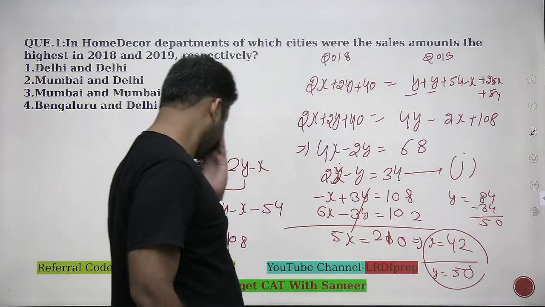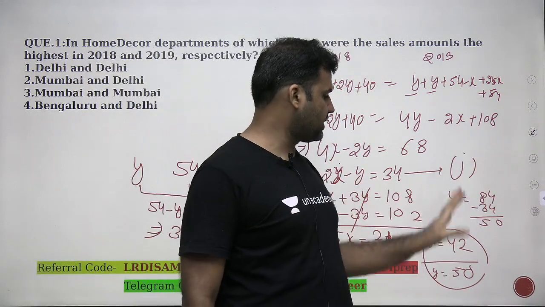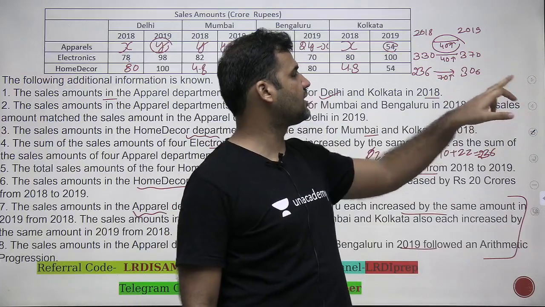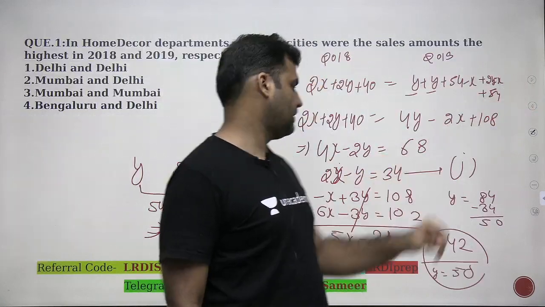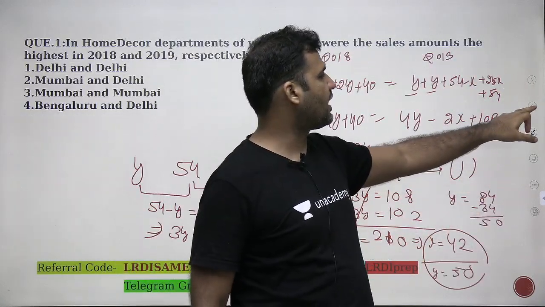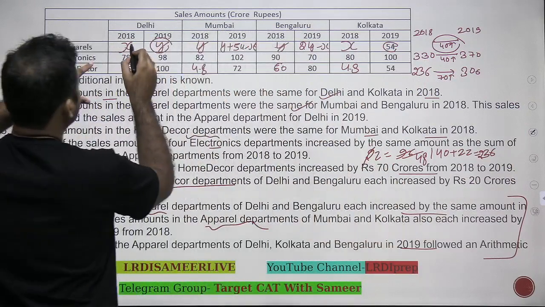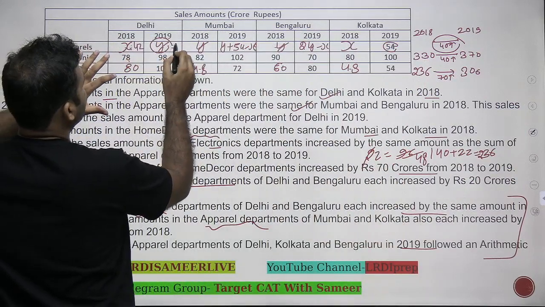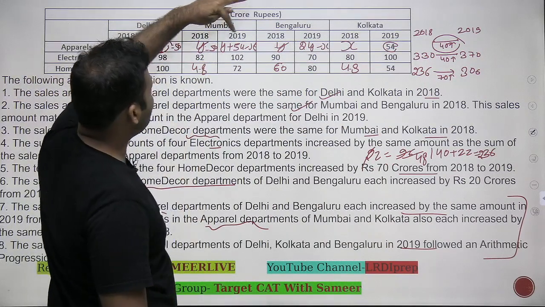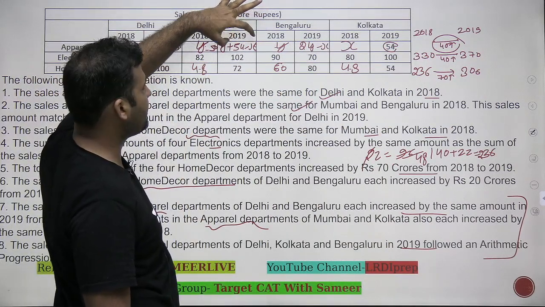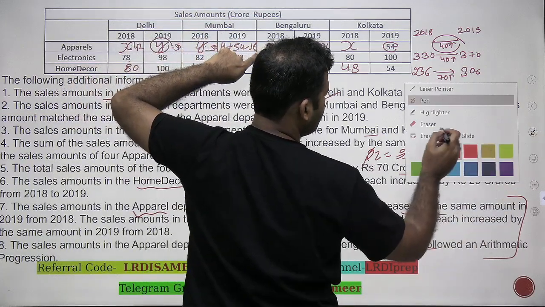Now just use this information, x is 42, y is 50, and you get all the values. X is 42 here, so this value will be 42. This is 50. This is also 50. Now 50 minus 42 would be 8. 8 plus 54 would be 62.